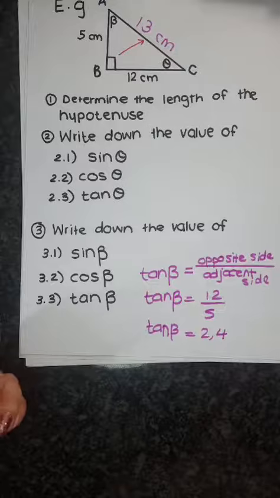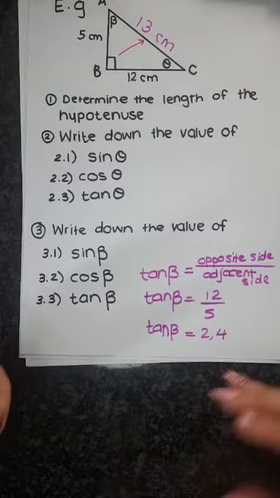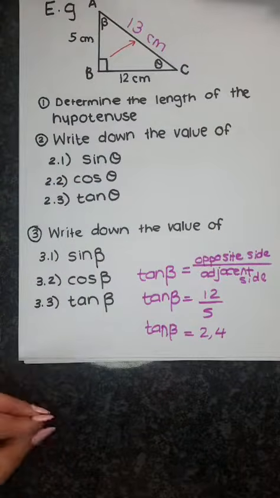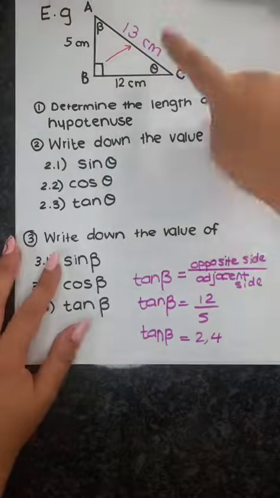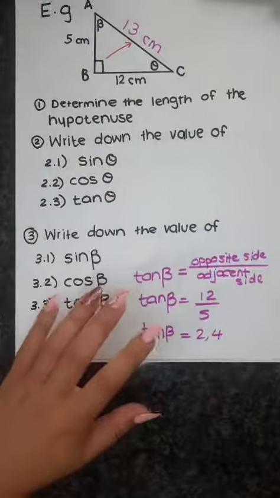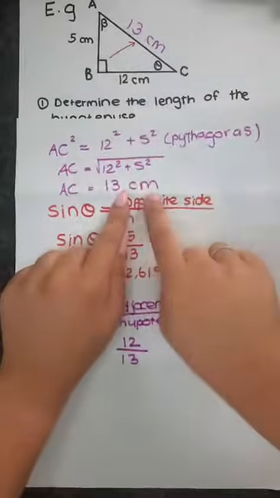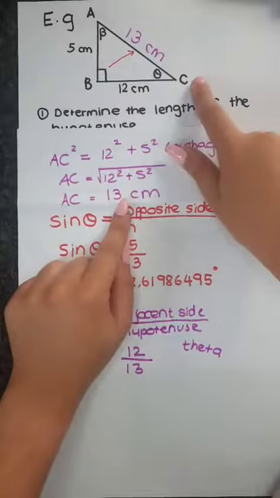Remember, sine, cos, tan, all of those words just refer to ratios of sides. So for example, how did I get 13? I did that over here. I used Pythagoras to get the 13.